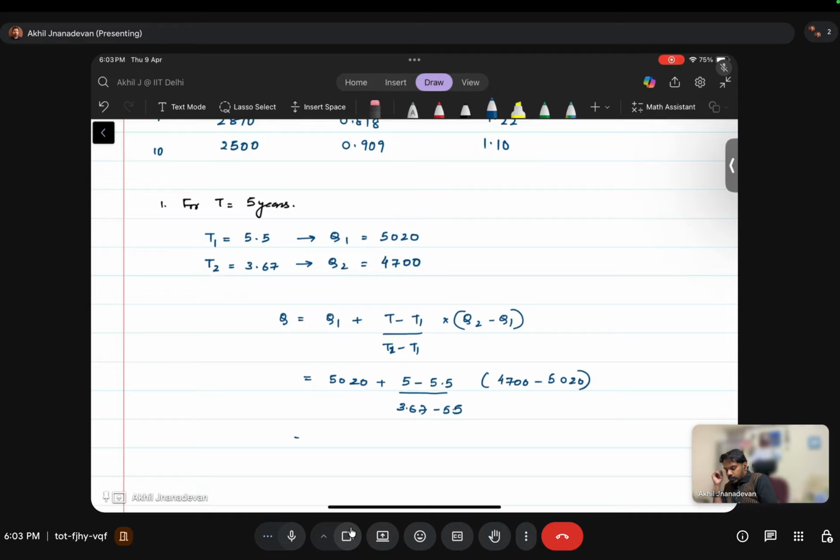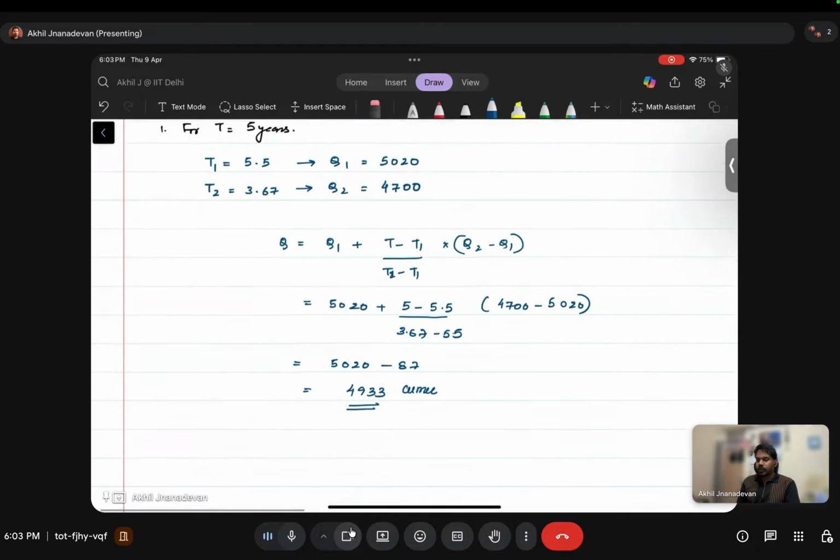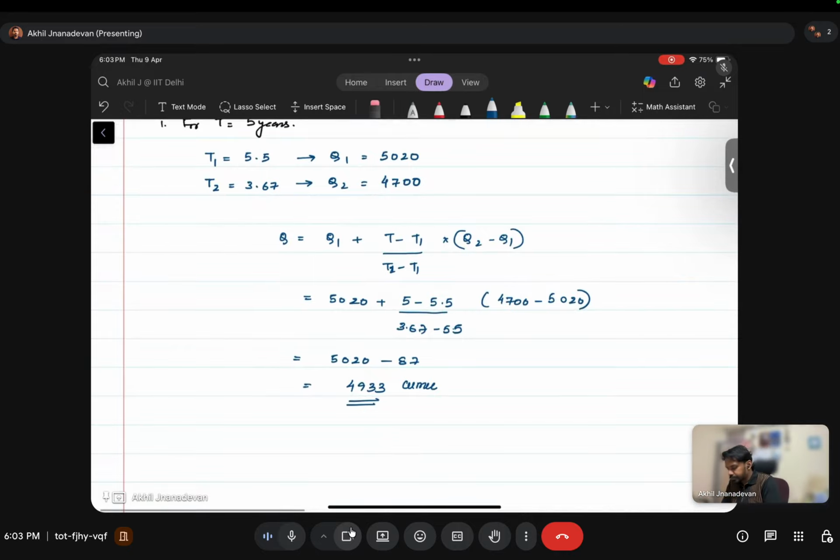Okay, so if you solve that, we'll be getting 5020 minus 87, that is equal to 4933 cubic. So that is the flood magnitude corresponding to a return period of 5 years.